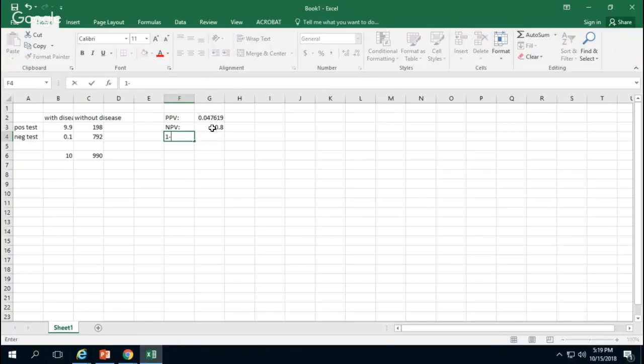And 1 minus NPV is 1 minus that, so about 20%.